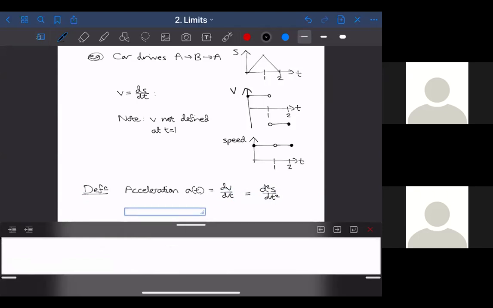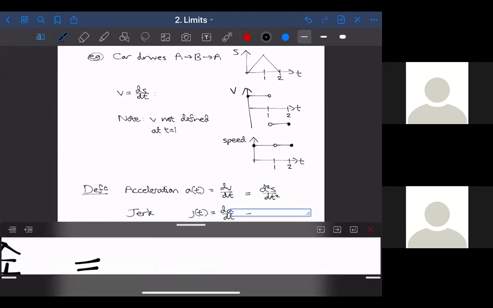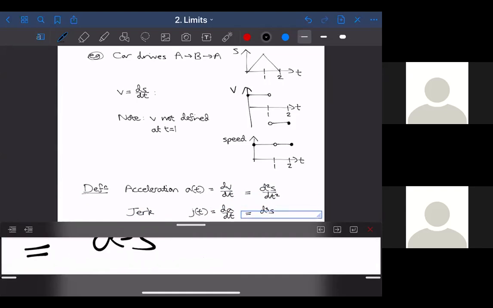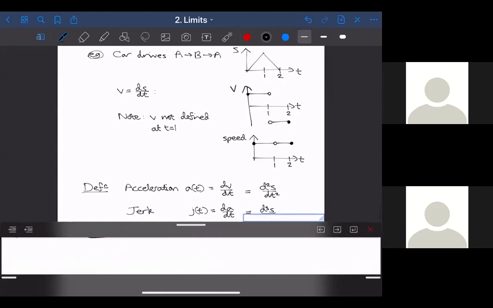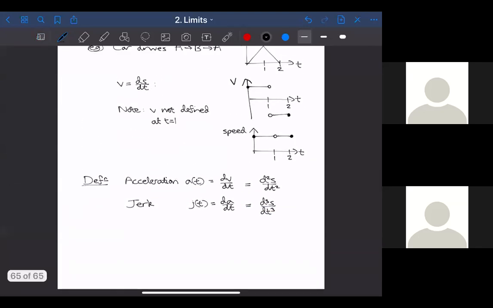And one more definition, the rate of change of acceleration is called the jerk, j of t, dA by dt. So this is the third derivative of position, which I write d cubed s over dt cubed.